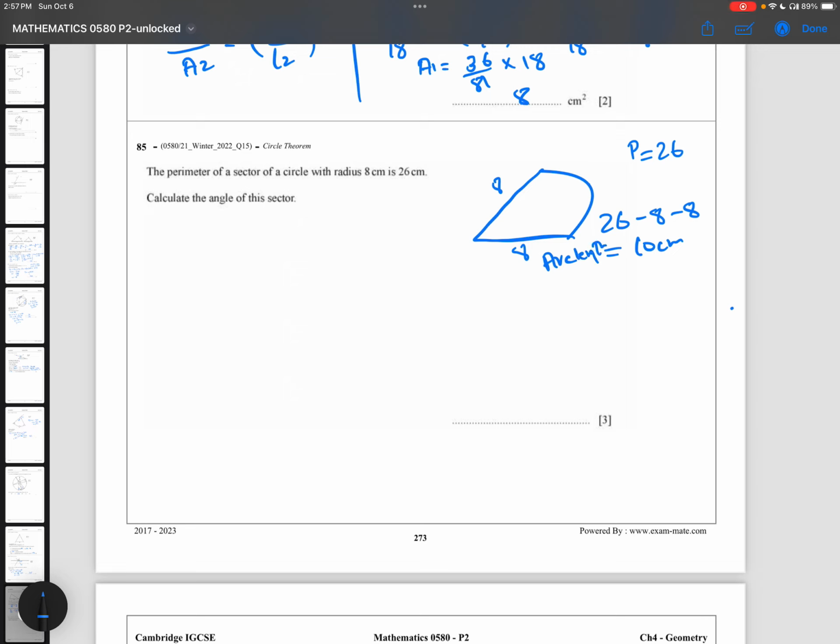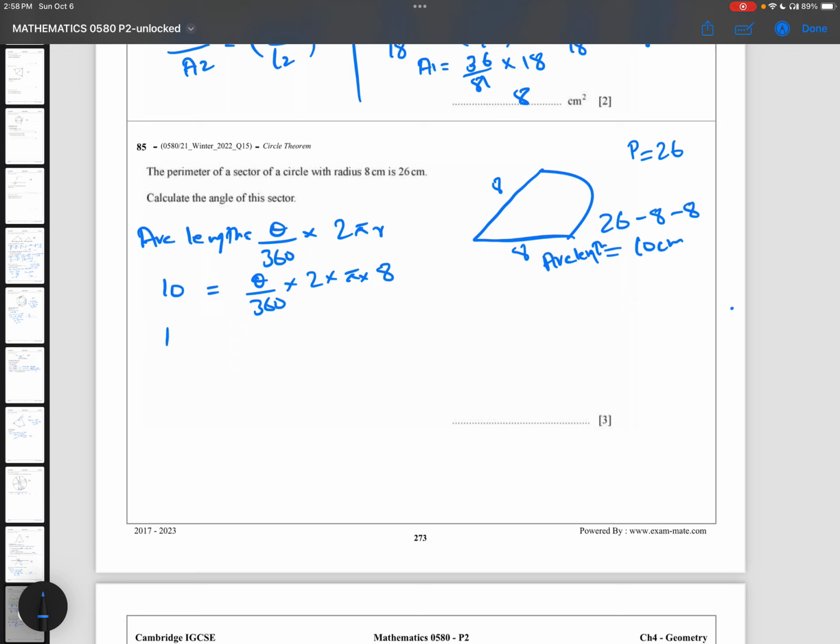Okay. The formula for arc length is theta upon 360 multiplied by 2 pi r. So arc length, we know it's 10 centimeter, is equal to theta upon 360 multiplied by 2 multiplied by pi multiplied by radius, which is 8 centimeter.